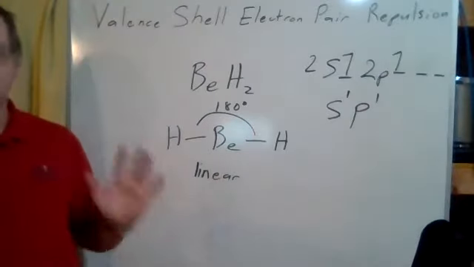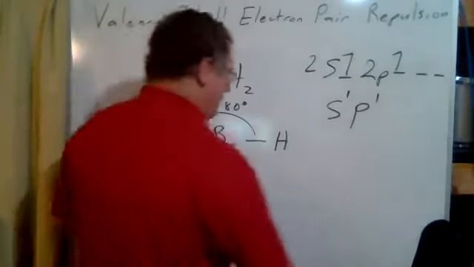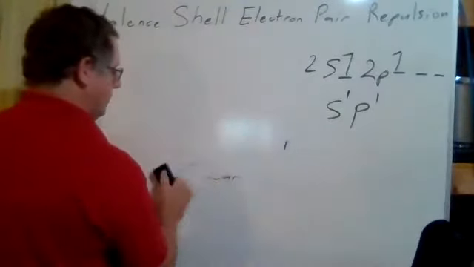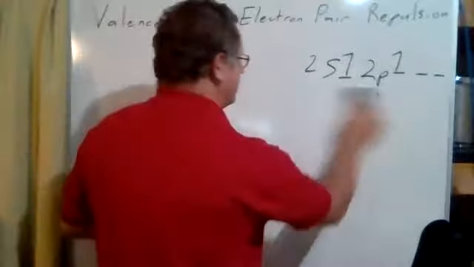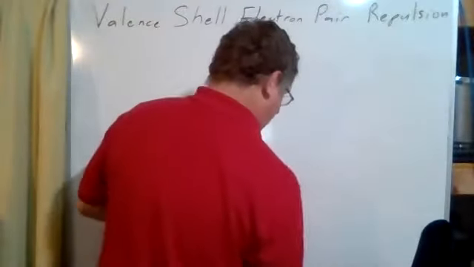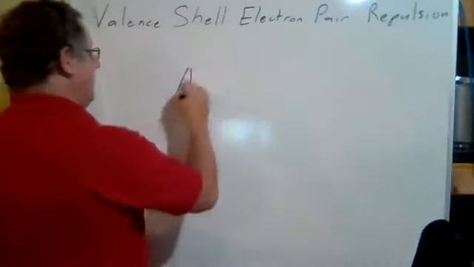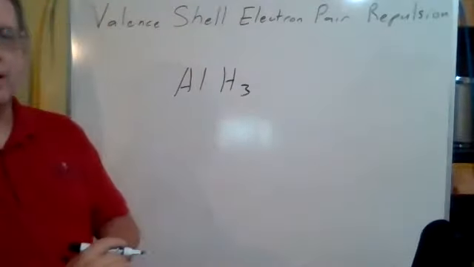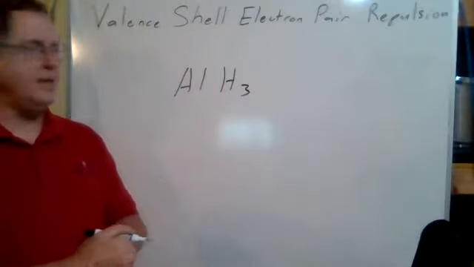Okay, easy enough. Well, let's continue on, and let's look at a couple other exceptions to the octet rule. Let's start with one that's really simple, and that is AlH3. Now again, aluminum is not going to end up with a full octet here.